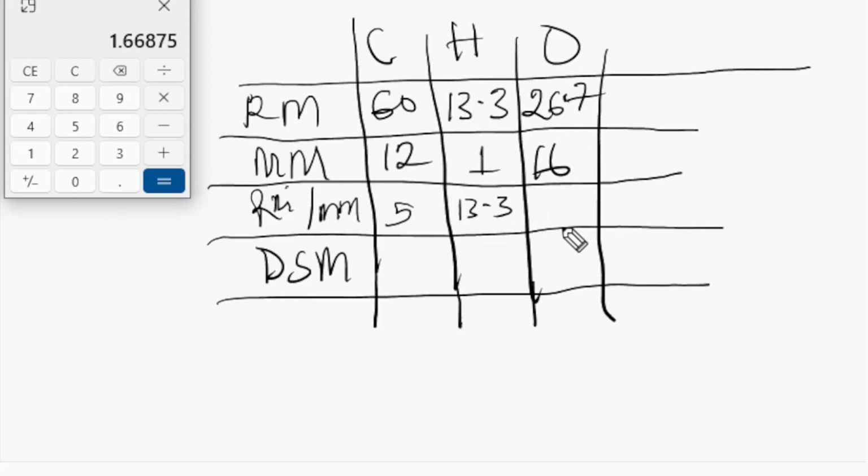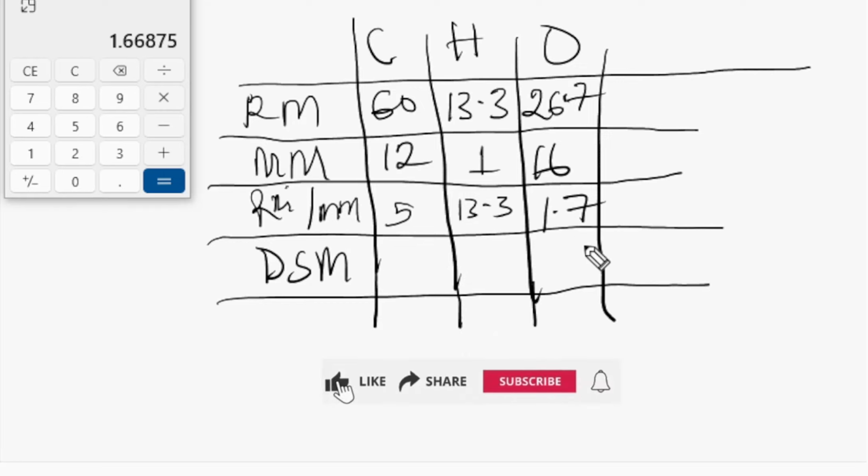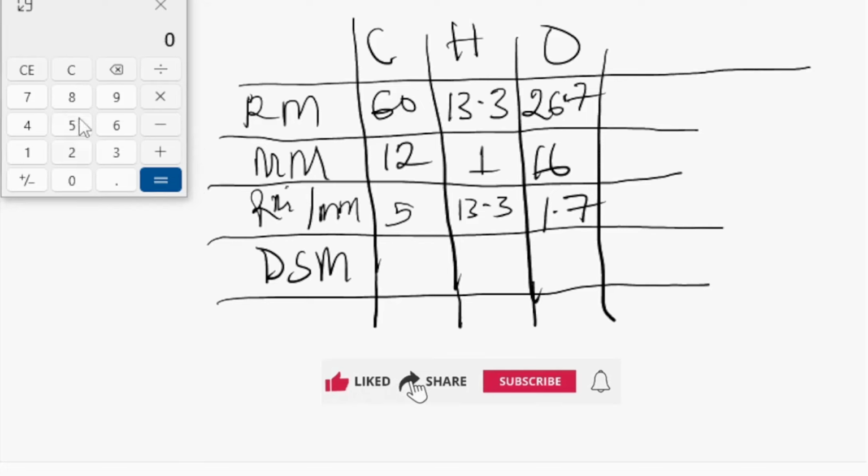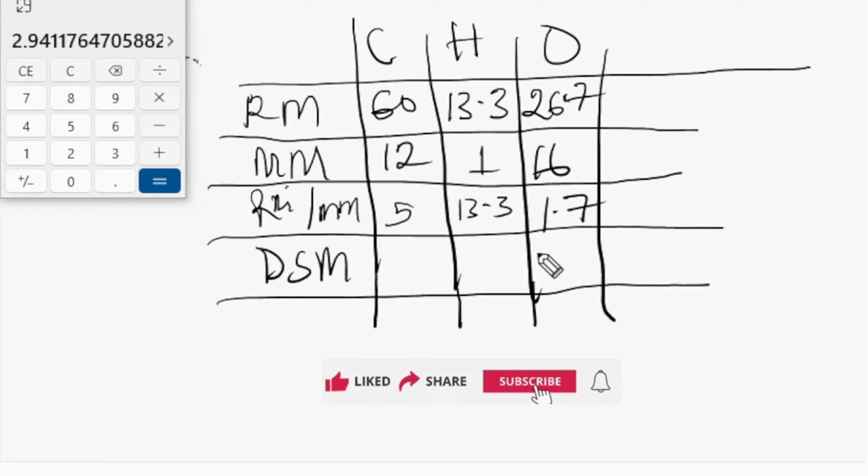So that's approximately 1.7 here. So we are going to divide by the smallest value here, and that's 1.7. So guys, here 5 over 1.7 will be 2.94. We'll approximate, and that's 3 here.